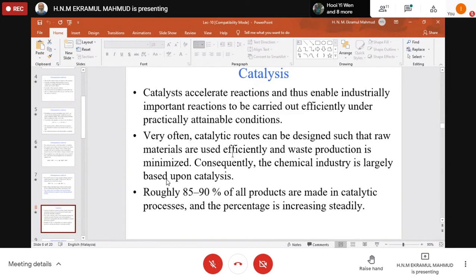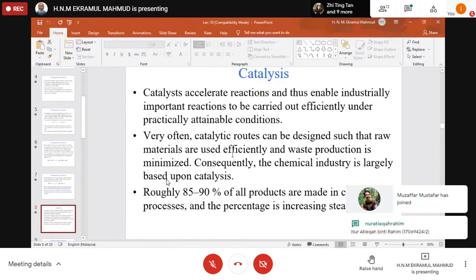We want our products. If we have a lot of waste, it is a wastage of our chemicals, as well as a waste disposal problem. Where do we put this waste? We need to either recycle it or use it in another way. But wastes are not desired products.